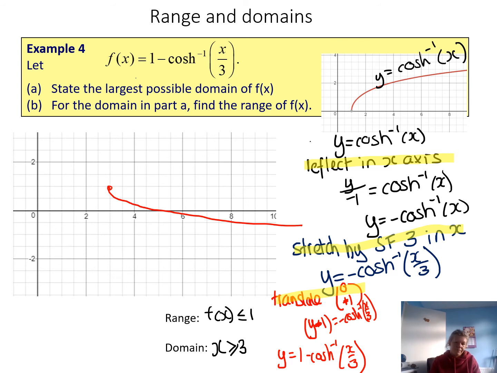Now we're done. And we'll state the largest possible domain of f of x. So I've done that. And for the domain in part A, find the range. What a silly worded question.